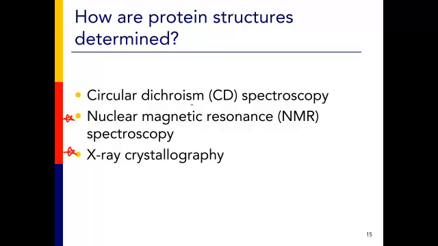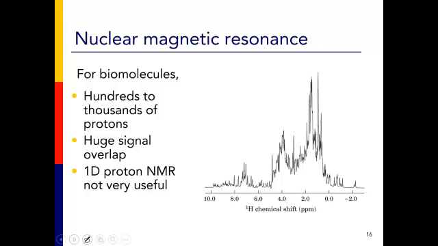CD we're not going to talk about. That actually doesn't determine protein structure, it just allows us to compare structures. So it's useful in the lab, but we're going to skip it. It's fairly abstract, and if you want to know more about it at some other point, I can tell you. Okay, so how many of you have done NMR in organic chemistry? Probably all of you. Good.